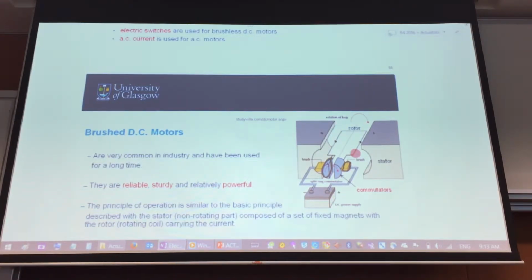There's also, if you prefer not to have a split commutator, what you could do is have one single ring commutator, but these rings are actually independent of each other.